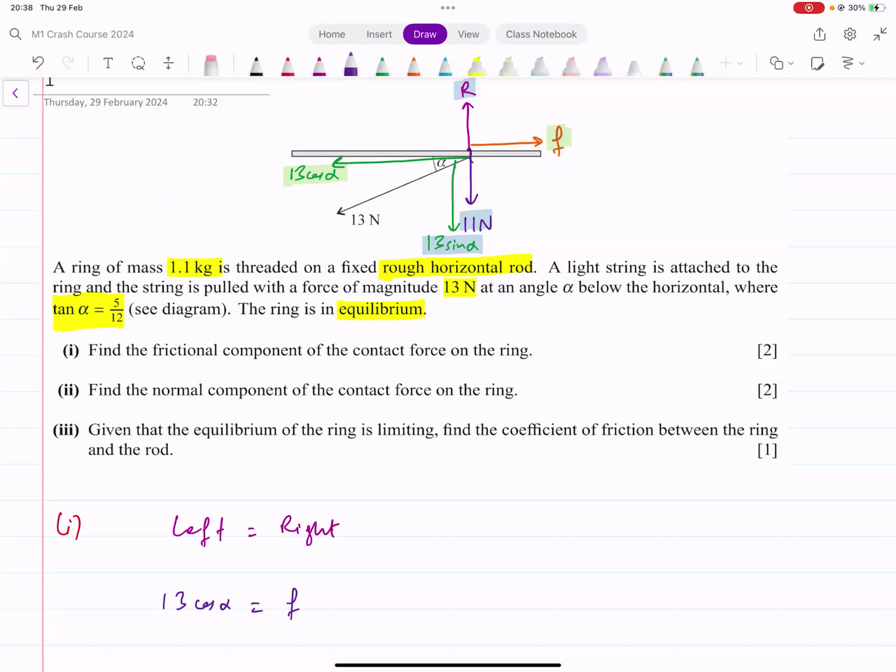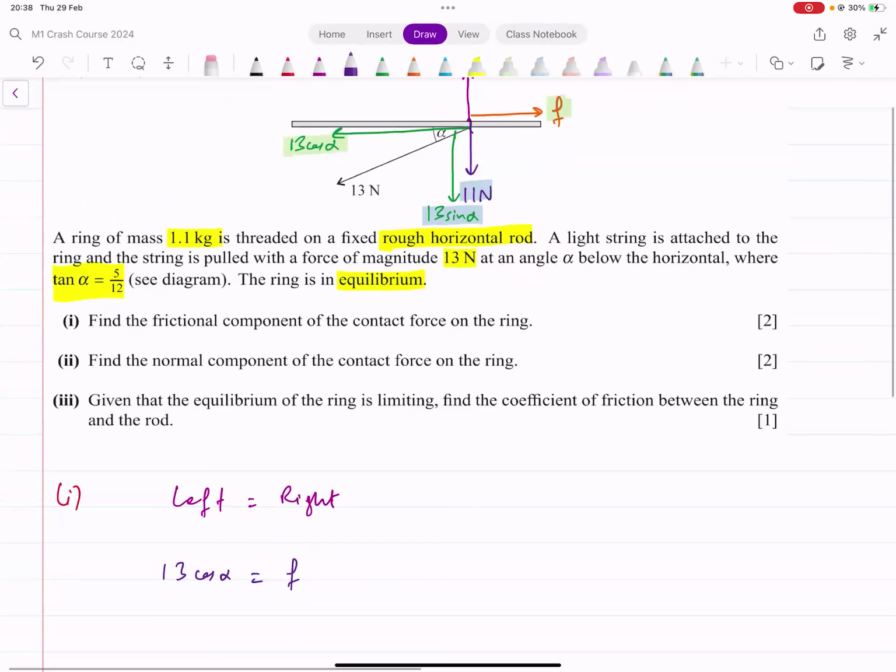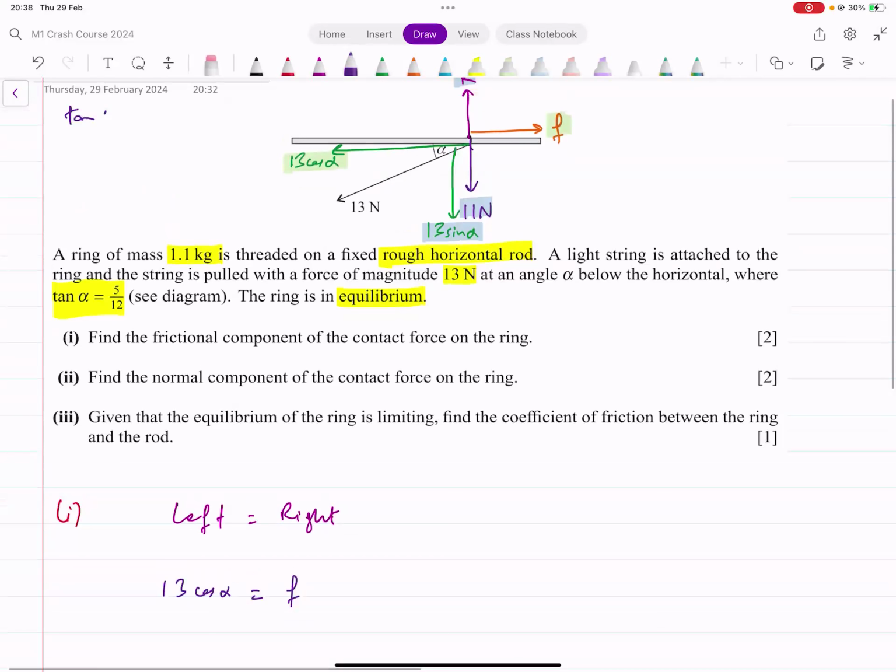You do that using something that you've done in P1 trigonometry. If tan of alpha equals 5/12, how is tan defined? Tan is perpendicular over base. We can say if perpendicular is 5, base is 12, then what about the hypotenuse? Hypotenuse is going to be square root of 5 squared plus 12 squared. That gives us 13. So hypotenuse is 13.